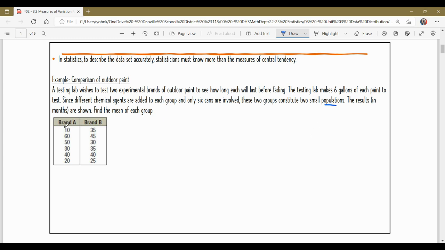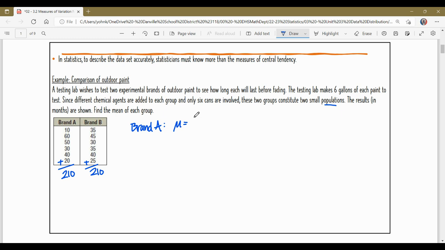So to find the mean, I need to add them all up and divide by how many numbers I added. For brand A, if I add all of these numbers up, I get 210. For brand B, if I add all of these numbers up, I get 210. So for brand A, to find the mean, X bar, well, actually, since this is a population, we're going to use mu.